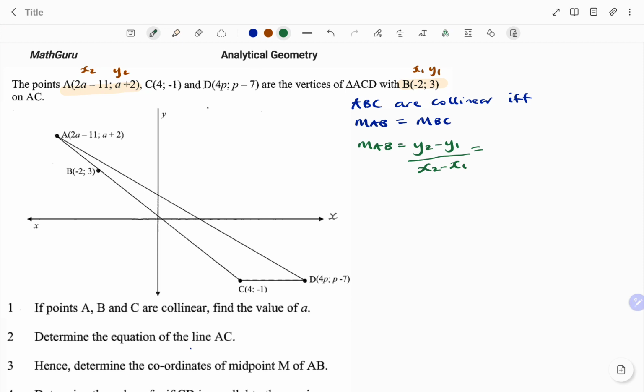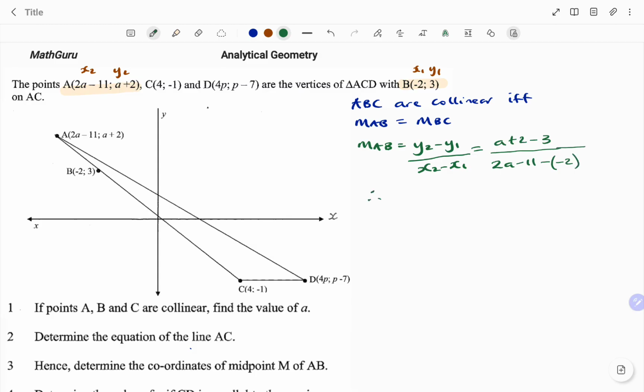We have y2, which is a plus 2, minus y1, 3, divided by x2, that's 2a minus 11, minus x1, that's negative 2, so I'm going to put that in a bracket.